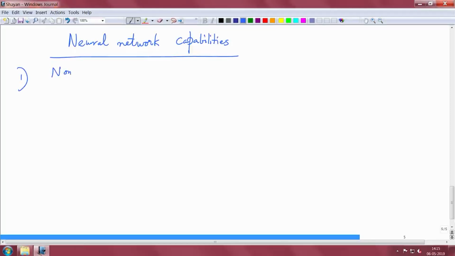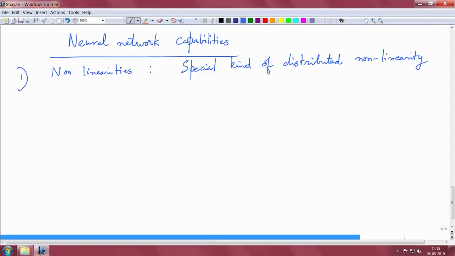One, it can learn non-linearities. So this is a special kind of distributed non-linearity, and it is endowed with better generalization / abstraction which is close to reality, right.